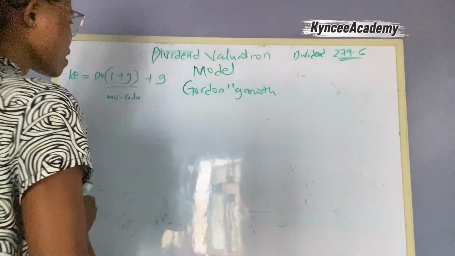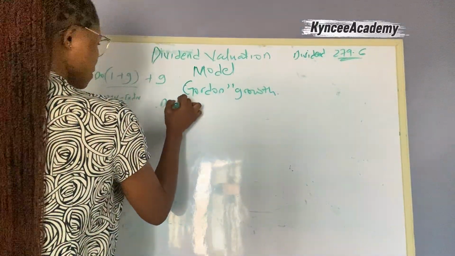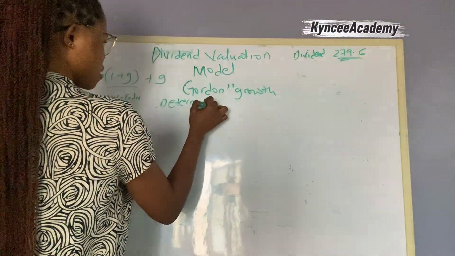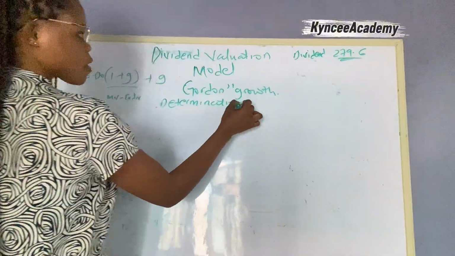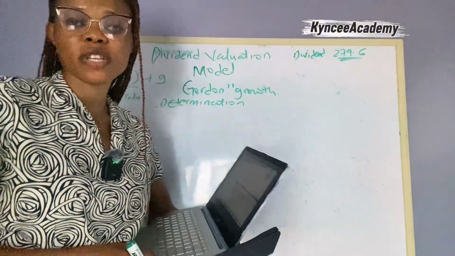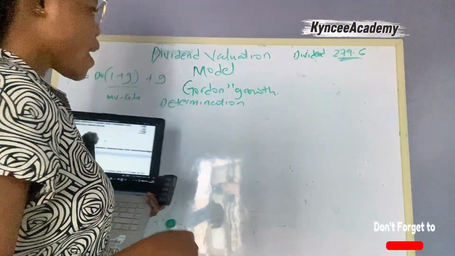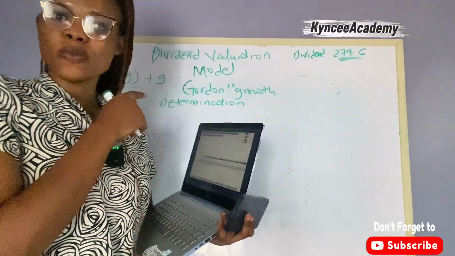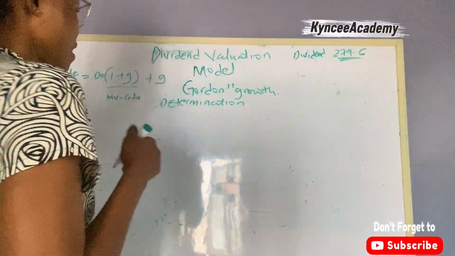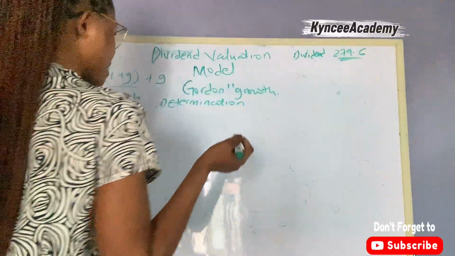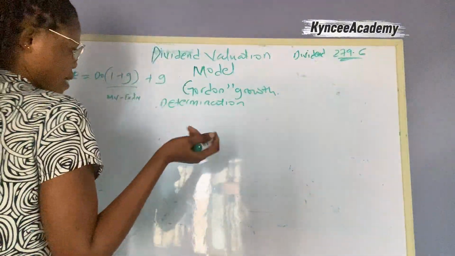So we now say determination of PAT. There are some questions where they will give us profit after tax, but I just have to bring out the worst case scenario, in case you are not given PAT. So this is how you compute your PAT.